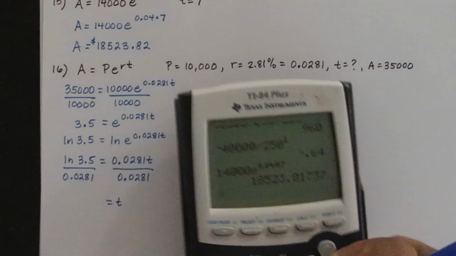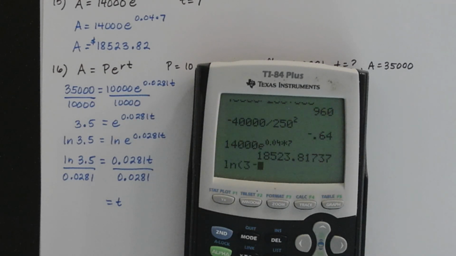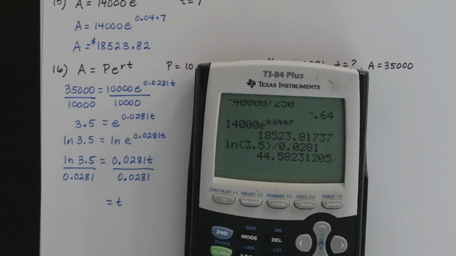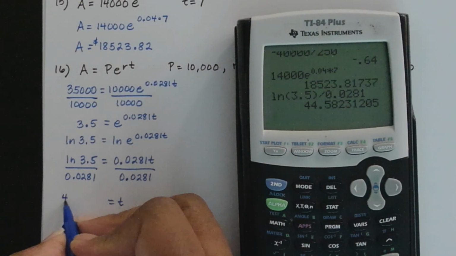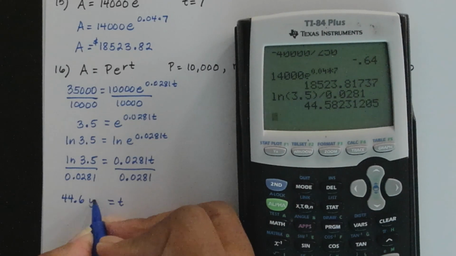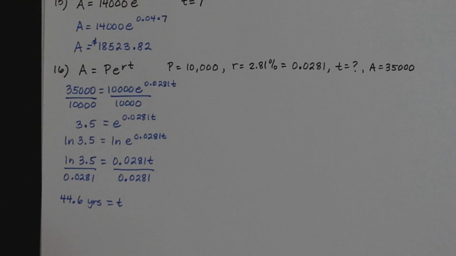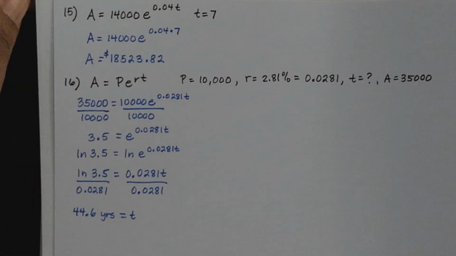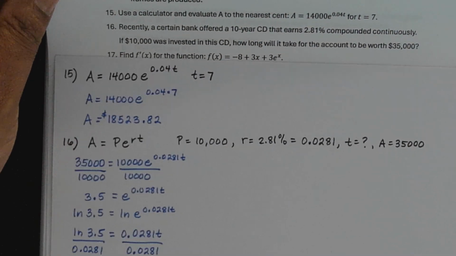In this case, I'm going to round t to 1 decimal place. So press the ln key and then 3.5, close parentheses, divided by 0.0281. So to 1 decimal place, what would this be? 44.6 years, since time is in years. So it's going to take 44.6 years for a $10,000 investment in this CD to reach $35,000 at 2.81% compounding continuously.